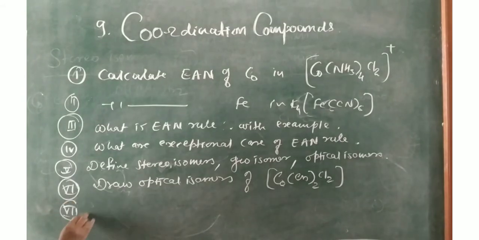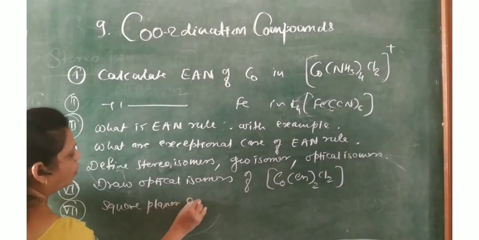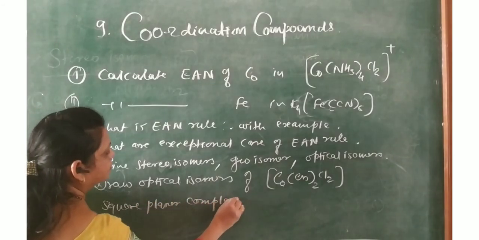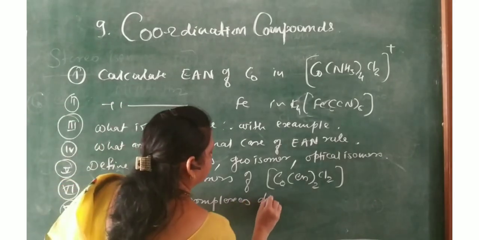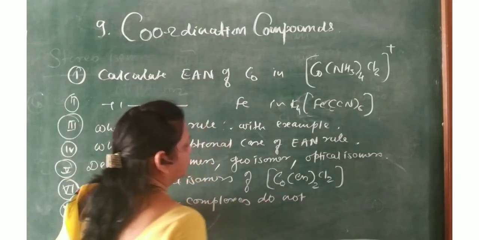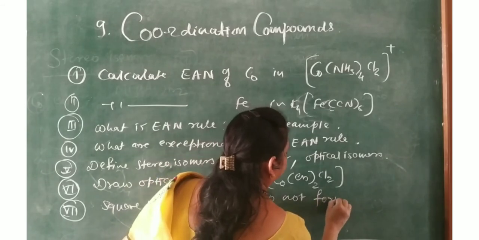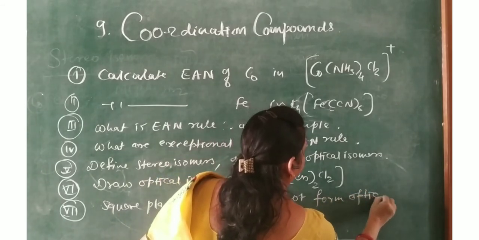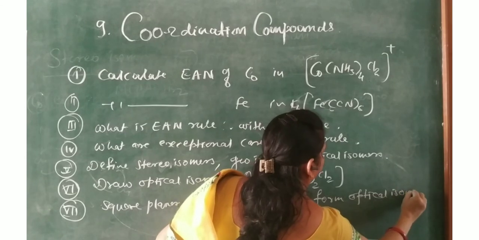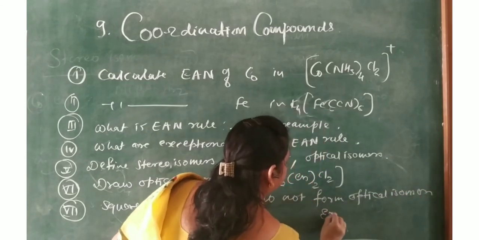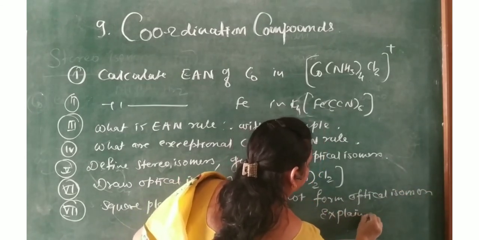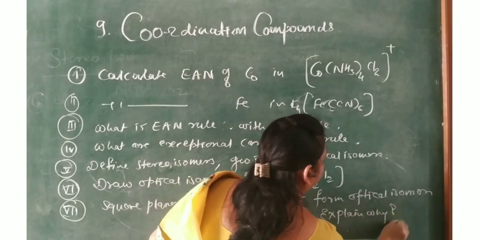And last one, square planar complexes do not form optical isomers. Explain why.